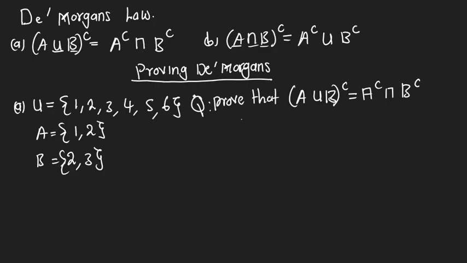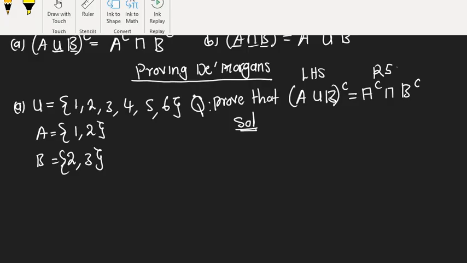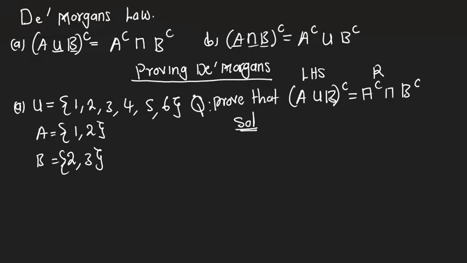Now, to answer this particular question, it's very simple if you understand what I'm going to do. This is going to be my left hand side, and that is going to be right hand side. I'm going to start with my left hand side.